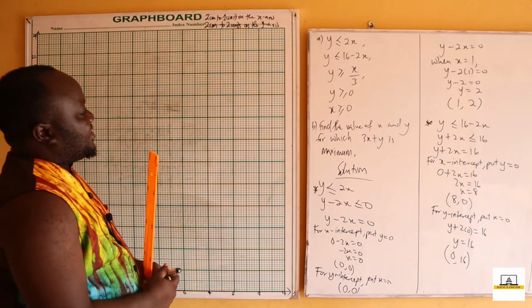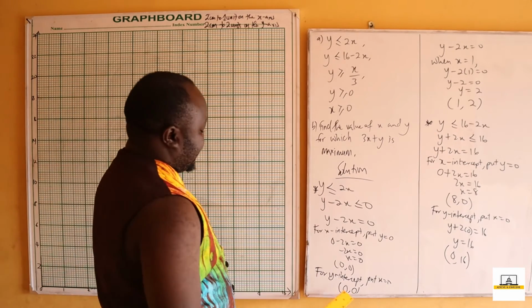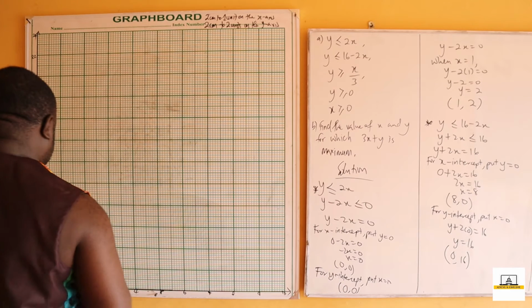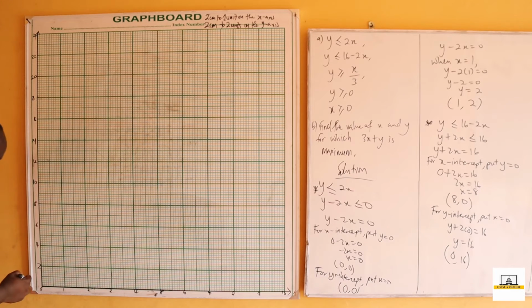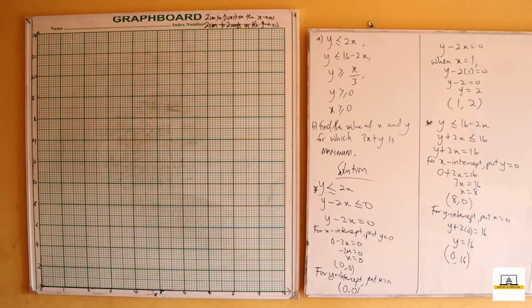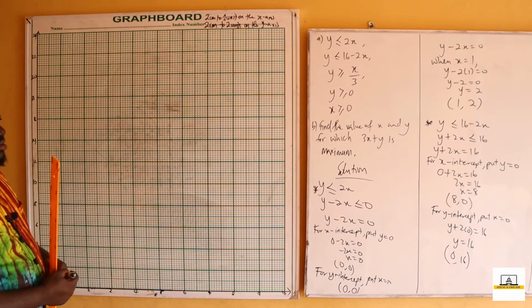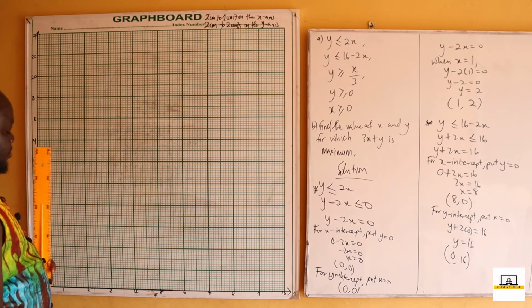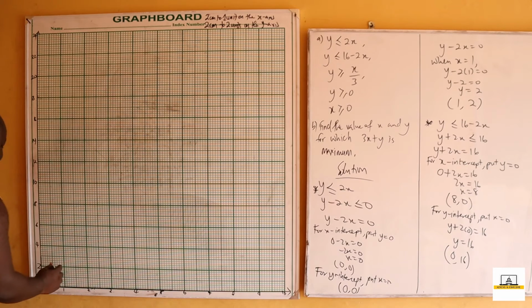We are going to first start by drawing the first line where it passes through the origin (0, 0). So we mark (0, 0). It passes through this origin, x is 0, y is 0. Then we shall have x is 1, y is 2. So this is x is 1, y is 2.